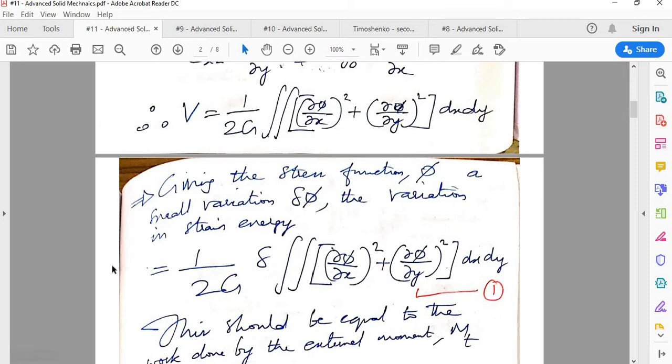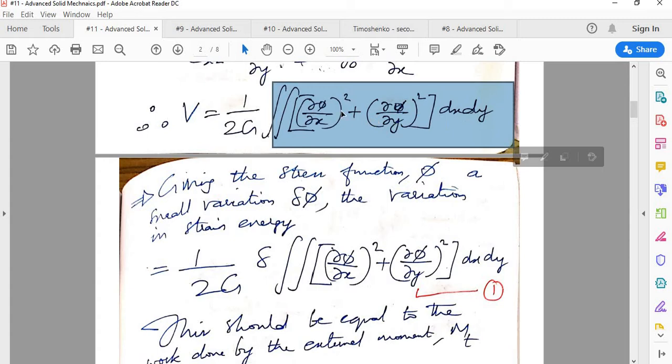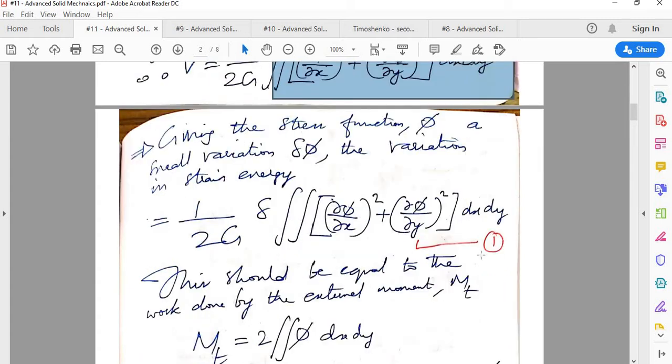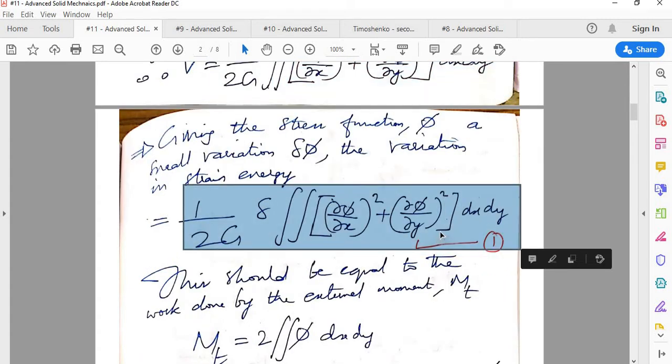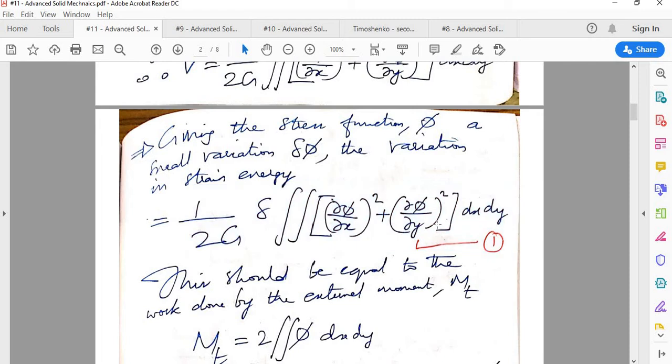So the change in strain energy, or the variation in strain energy, will be this, where 1 by 2G is a constant, right? So the only change delta will correspond to the expression inside the integral. So this is the variation in strain energy due to the small variation in phi.